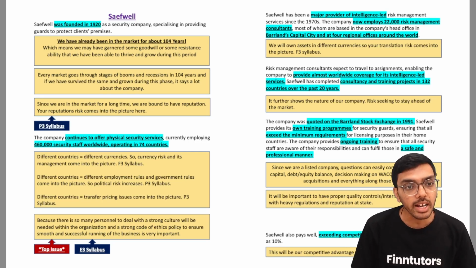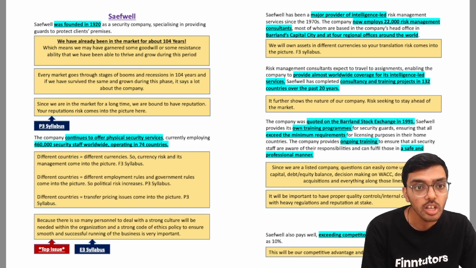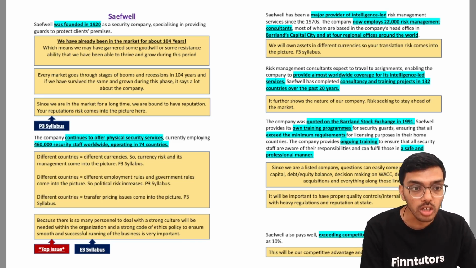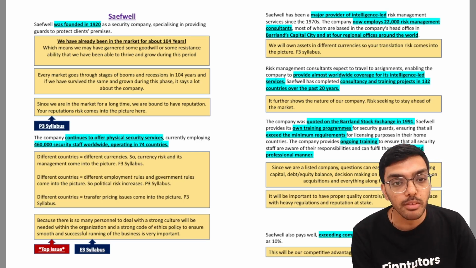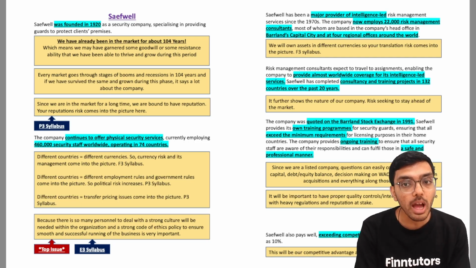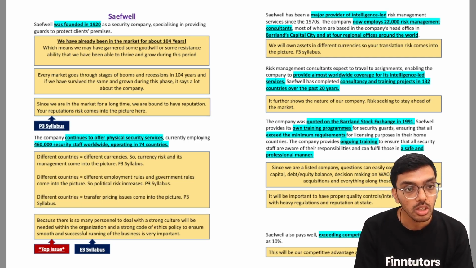And every market goes through booms, recessions in 104 years. Your company has been able to survive all of this. So it says a lot about the company. So remember, you have been in the market for a very long time. So you are bound to have good reputation.